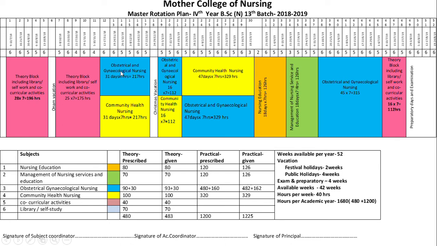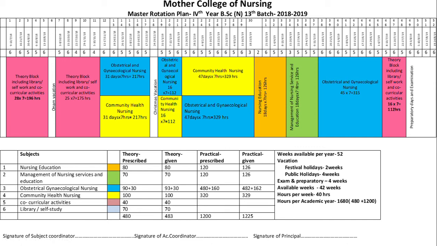The blue color is the OBG, the yellow shading is the community posting, and the green color is the management, so self-explanatory. And here it is also given for nursing education, what is the prescribed number of hours and what is given. Prescribed is the minimum requirement given by the university.